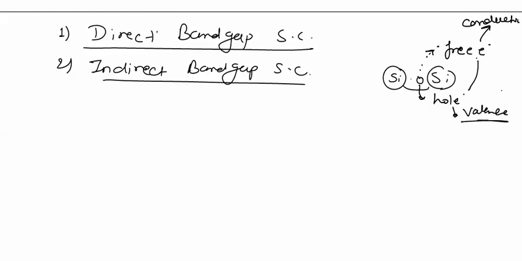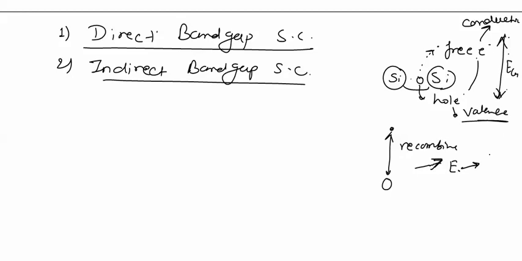So we can say that there is a large energy difference between these two charge carriers. When an electron and a hole recombine, energy is released in the surrounding. This energy can either be in the form of heat or in the form of light.